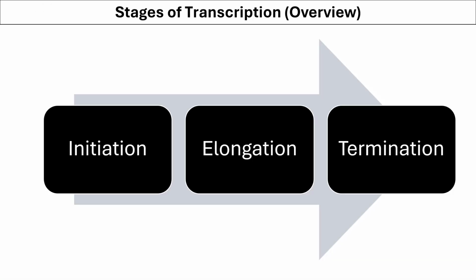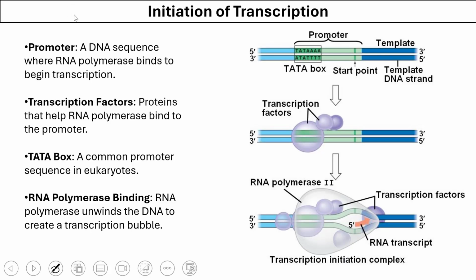There are three main steps or stages of transcription: initiation, elongation, and termination, just like you saw these steps in DNA replication. The key feature of initiation is, first, the presence of a promoter.